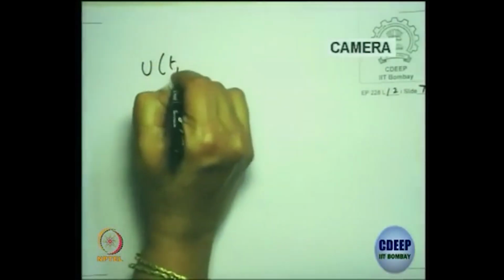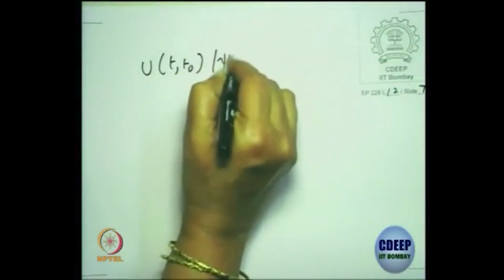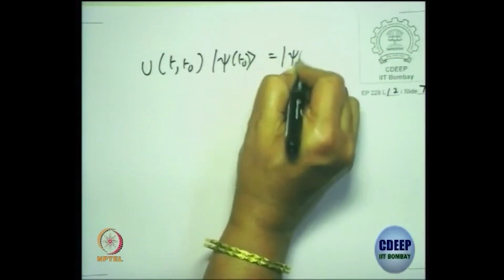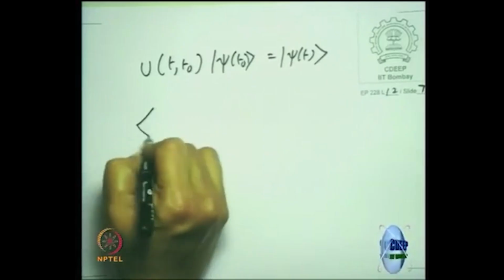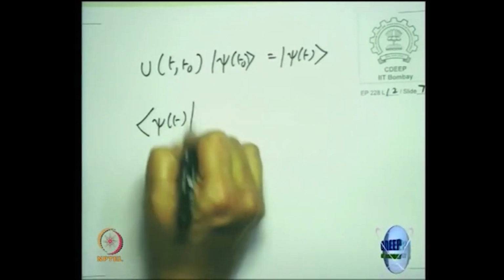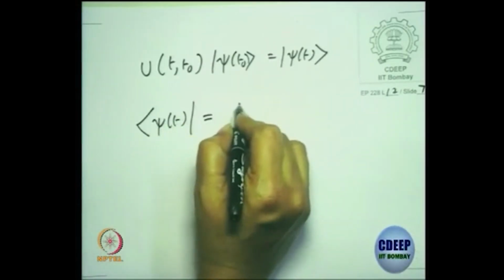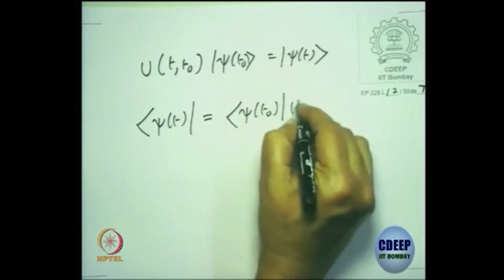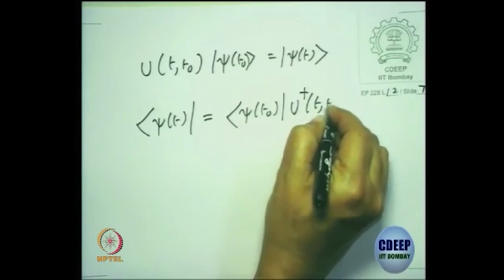Okay. So this is the beauty, that U of t comma t naught operating on psi of t naught, we call this psi of t. If I want to write the bra of psi of t, I would have written this as psi of t naught, U dagger of t comma t naught.